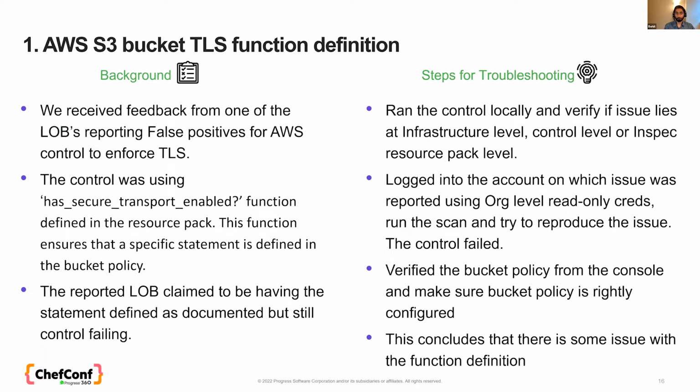This was related to one of the AWS S3 bucket controls that we had, which was enforcing for an S3 bucket to have TLS encryption enabled. So in the control, we were using the has secure transport enabled function. That function is already defined in the resource pack, and we were using that function in our control to check for compliance.